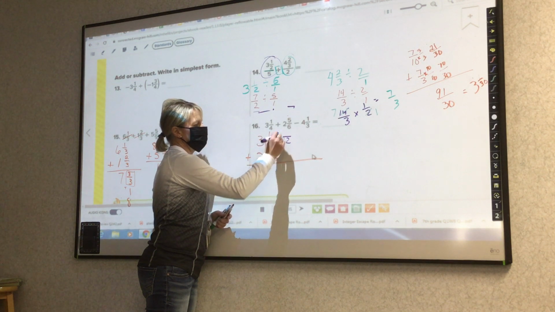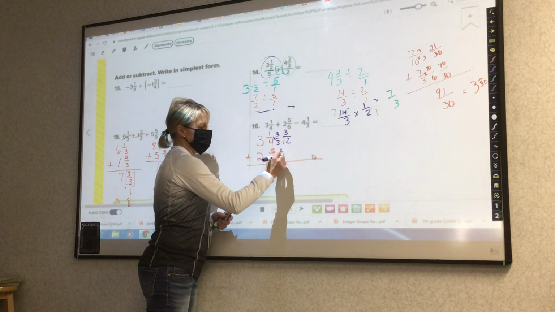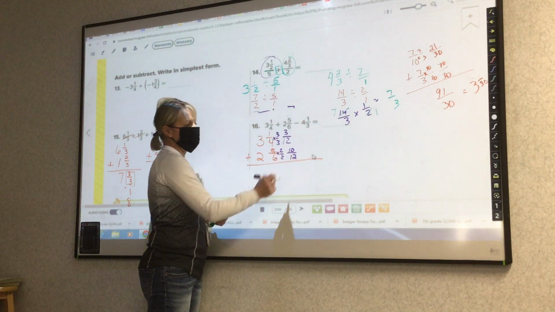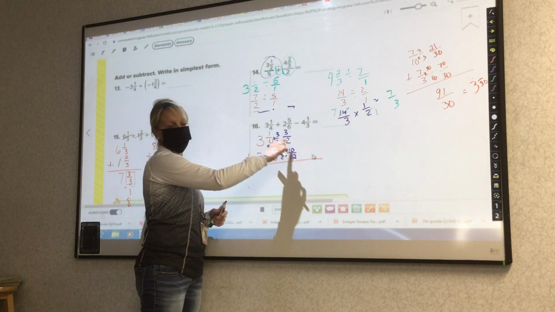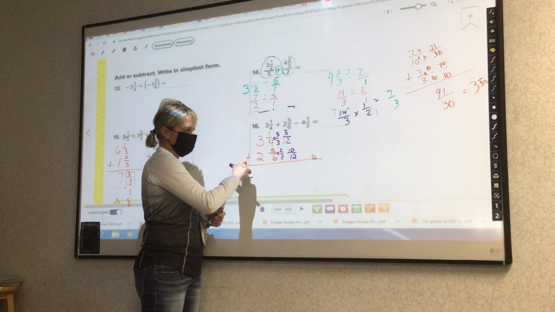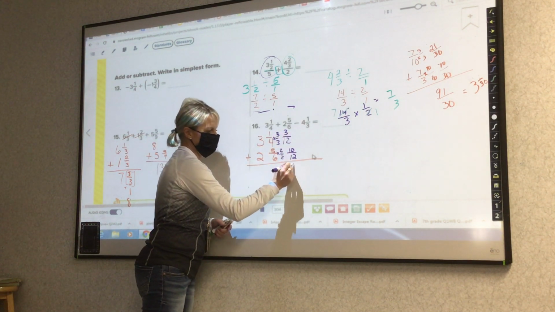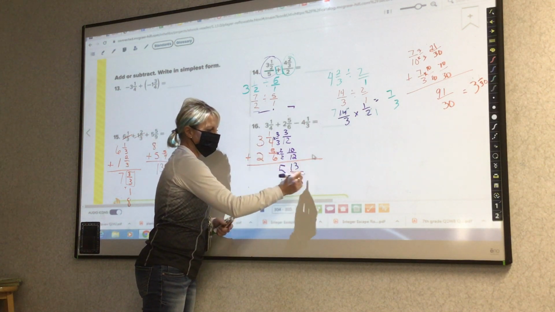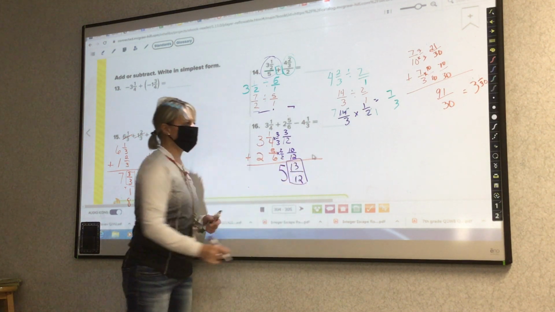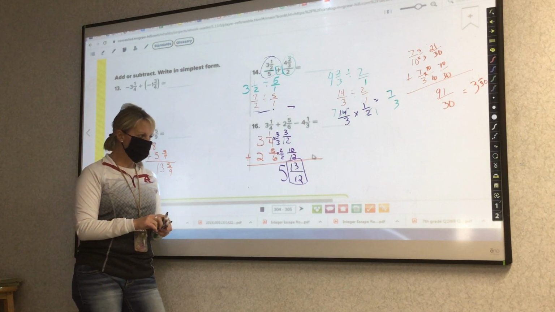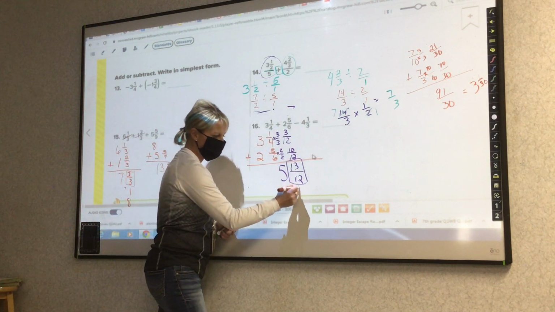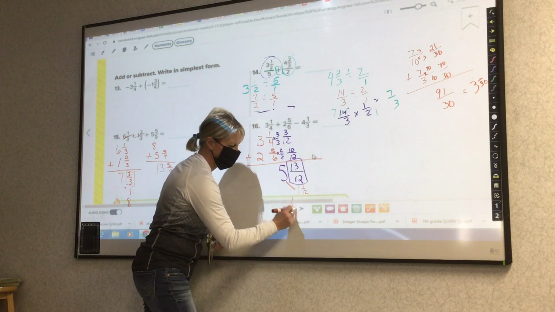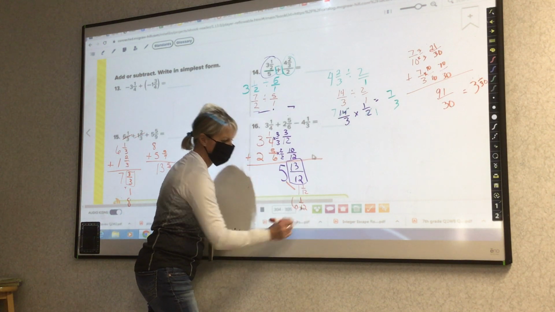Times this by 3, times this by 2. 4 times 3 is 12, so 1 times 3 is 3. I'm adding, so 3 plus 10 is 13. 13 twelfths, and 3 plus 2 is 5. Do I leave the 13 twelfths? No, let's change that to 1 and 1/12, so then 5 plus 1 is 6 and 1/12.